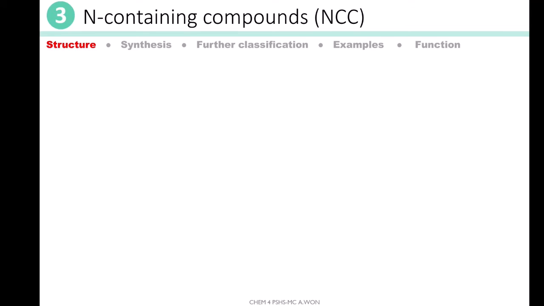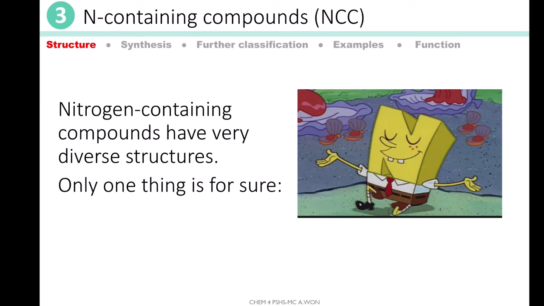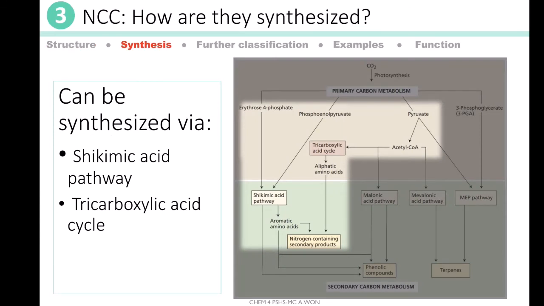Okay, lastly, let's go to nitrogen-containing compounds. Nitrogen-containing compounds have very diverse structures, but there is only one thing in common with them. They have nitrogen. Nitrogen-containing compounds can be synthesized via shikimic acid pathway and tricarboxylic acid cycle.